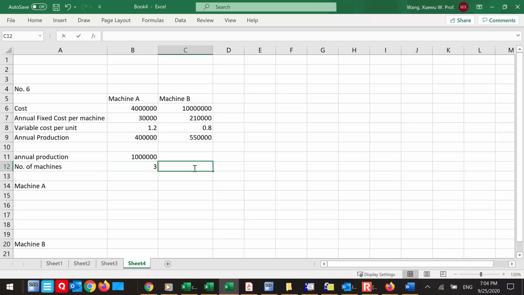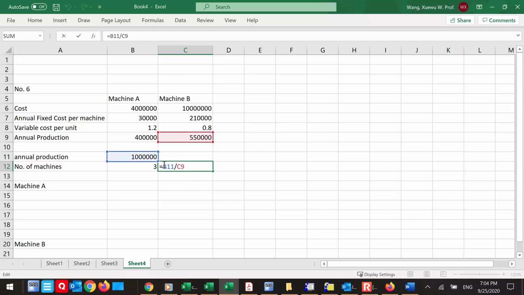And I'm going to look at this one here. If you're going to produce 1 million units, each one is good for 550,000 units, so you should have 1.18.